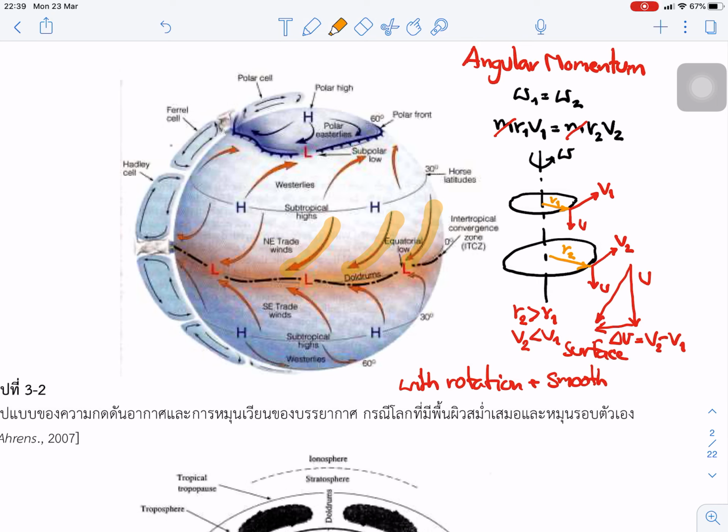That is why the direction of the wind when moving from high latitude to the equator is in this direction, and similarly in this other direction.